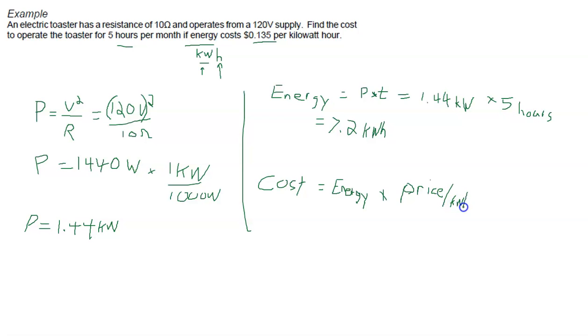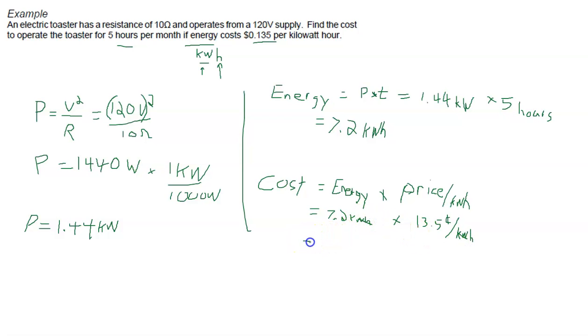And when it's one appliance on for a few hours a month, you're probably better off doing your cost in cents as opposed to dollars, though it doesn't really matter. Our energy was 7.2 kilowatt hours, and we want to multiply that by 13.5 cents per kilowatt hour. And so our unit of kilowatt hours cancels.